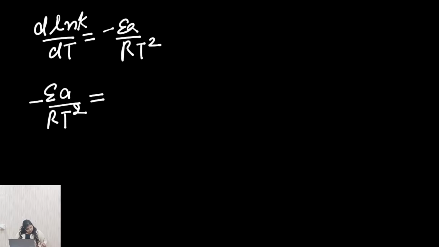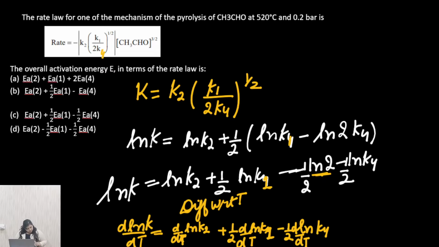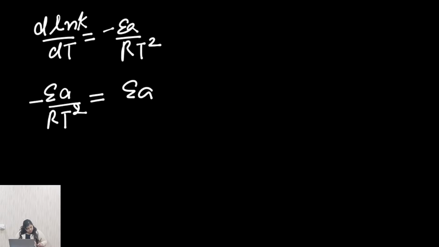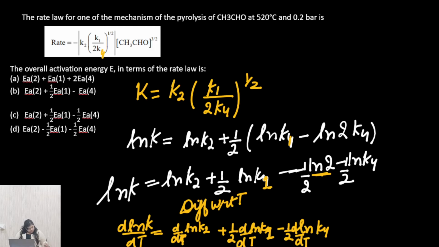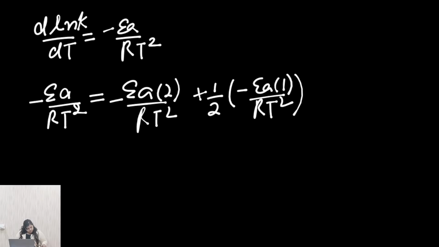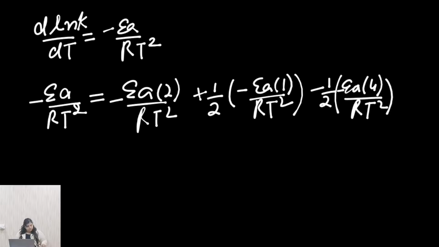This is equal to minus Ea2 upon RT square, right, plus half of minus Ea1 upon RT square, right? And next is minus 1 by 2 into Ea4 upon RT square, taking the minus and the RT square on both sides to be common.